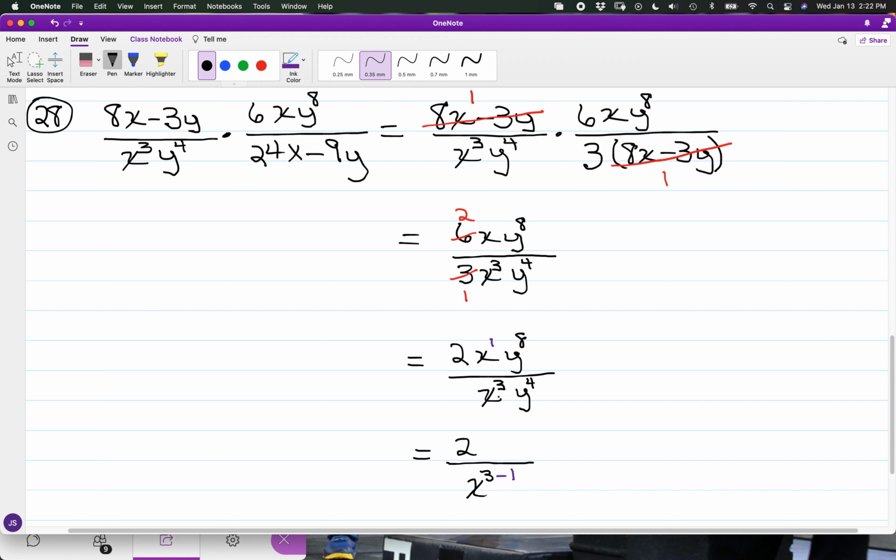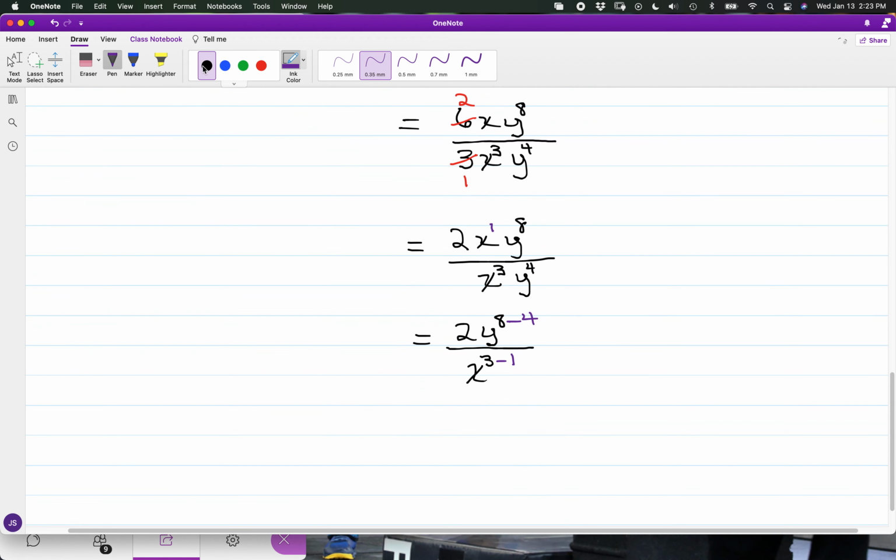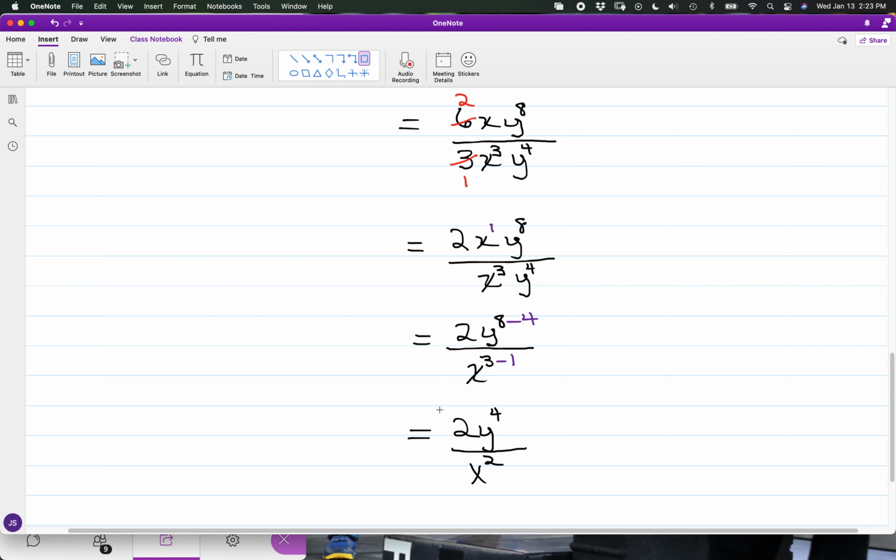And for y to the 8th over y to the 4th, we have y to the 8 minus 4. Again, taking the lower degree from the higher. And so for the end result here, we're going to have 2 times y to the 4th all over x squared. And that will be the final result in the case of number 28.